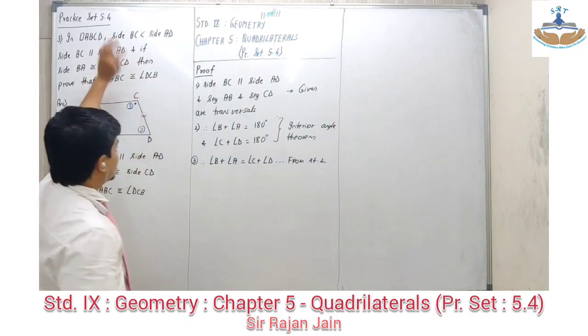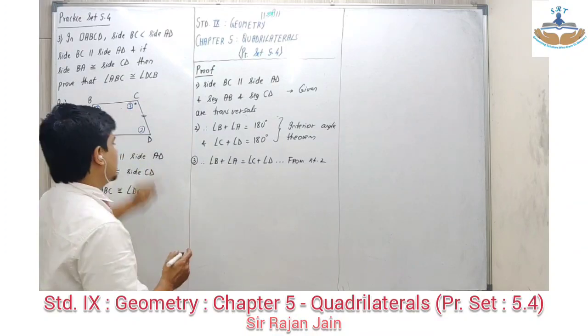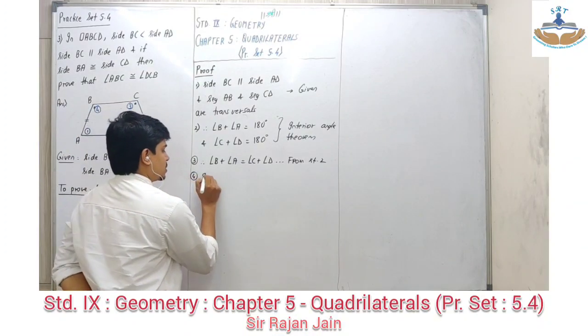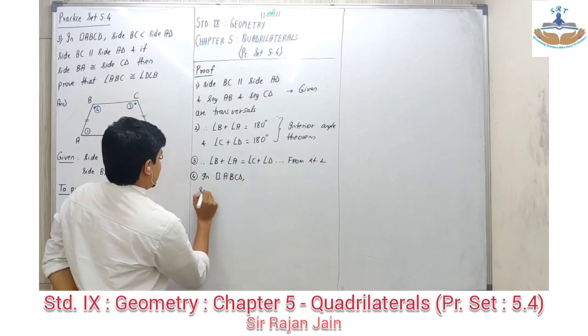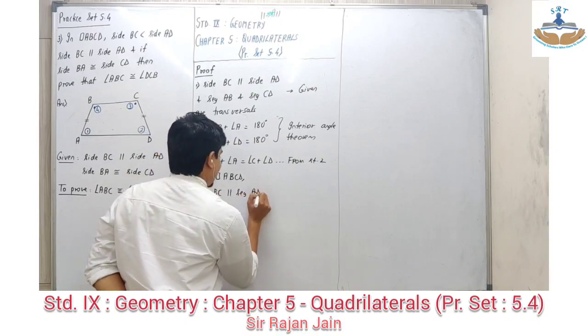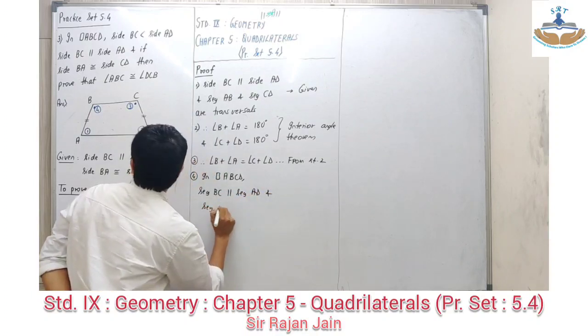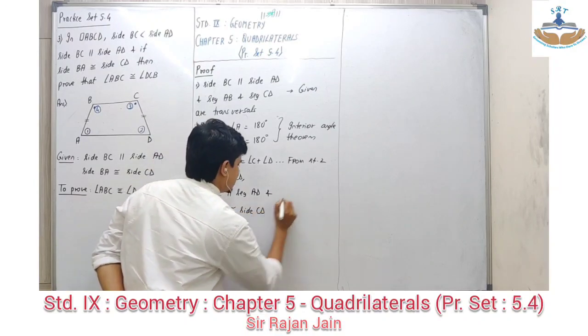So first I will mention that this is an isosceles trapezium, and then I'll conclude therefore angle A is congruent to angle D. So I say in quadrilateral ABCD, sec BC is parallel to sec AD and sec AB is congruent to sec CD.